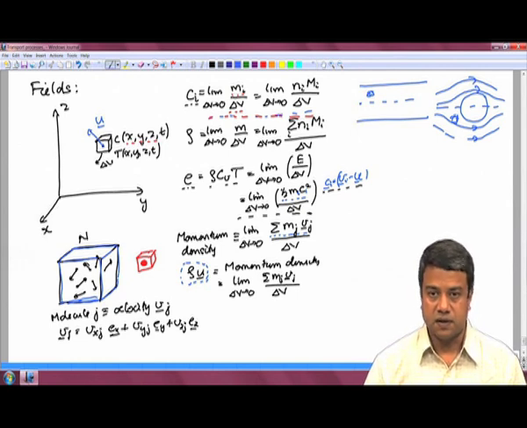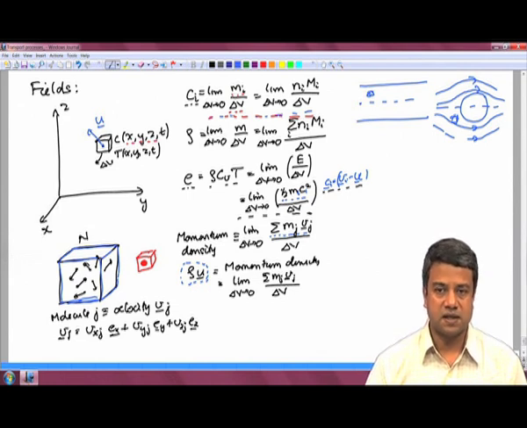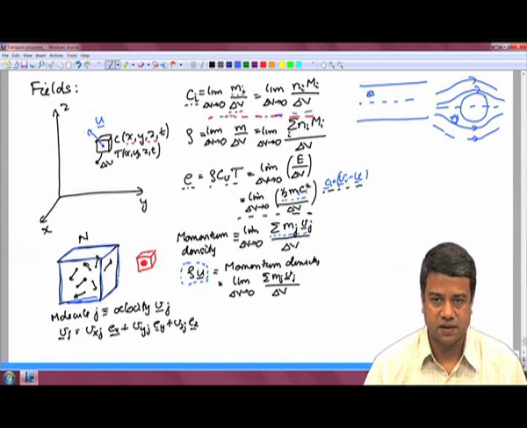For that, of course, the system size has to be sufficiently large compared to molecular sizes. You cannot, for example, use this continuum description in systems whose size itself is comparable to the molecular sizes. Fortunately for us, molecular sizes are sufficiently small that this continuum approximation is valid for most systems that we consider.